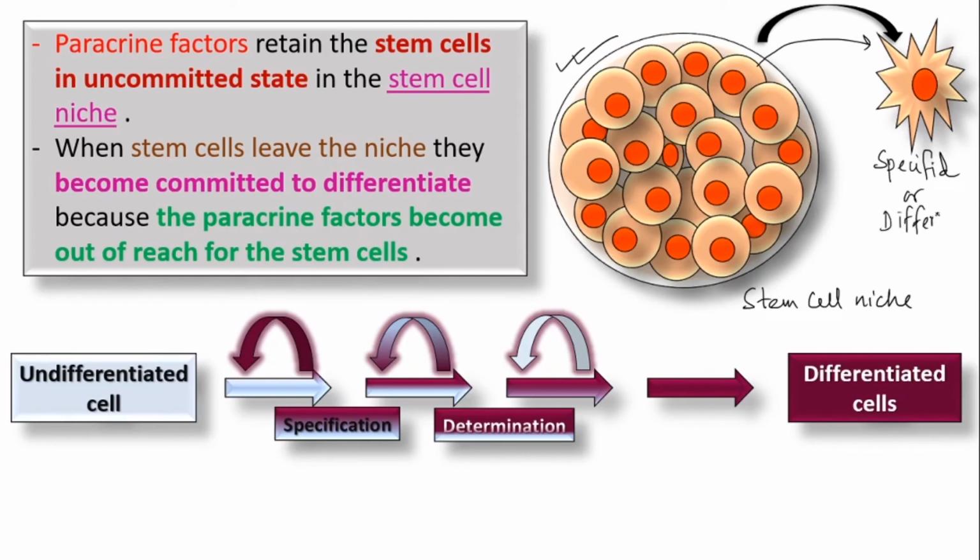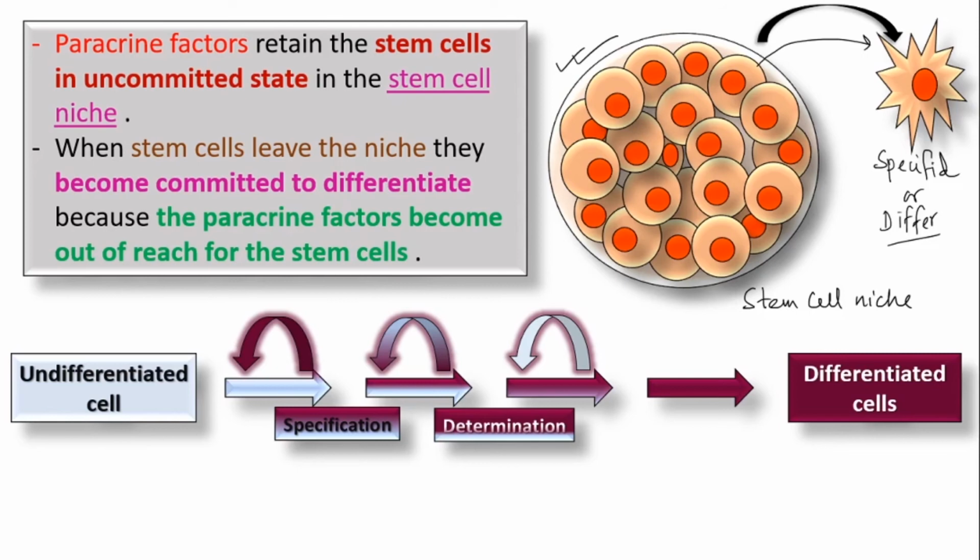And in this stem cell niche, the factors which retain the uncommitted or undifferentiated nature of the stem cells are known as paracrine factors, and these factors act within a small range, mainly in the stem cell niche, and sometimes in other places, which we will see in our next classes as well.